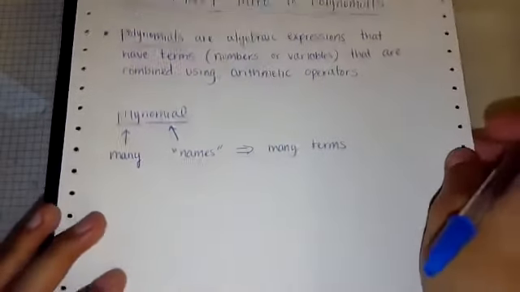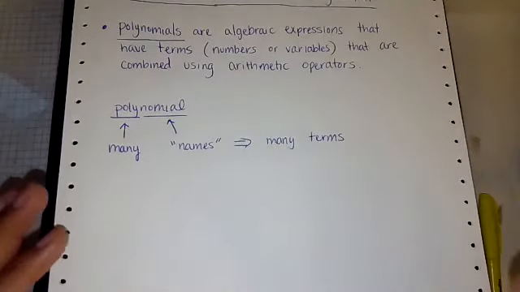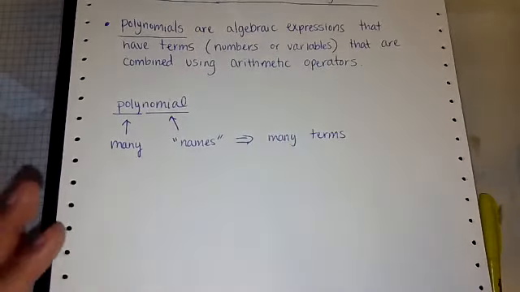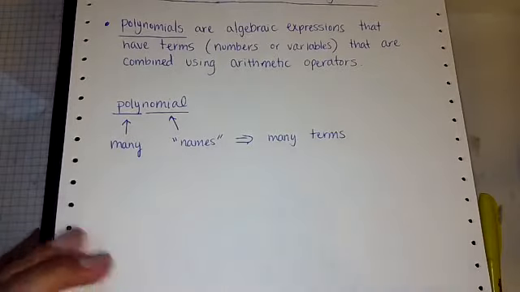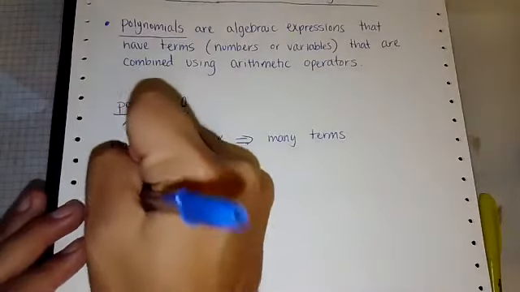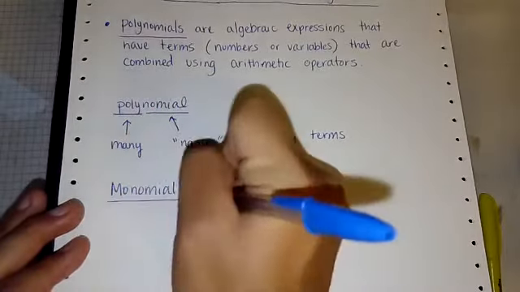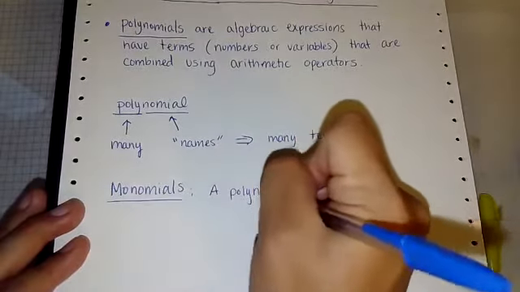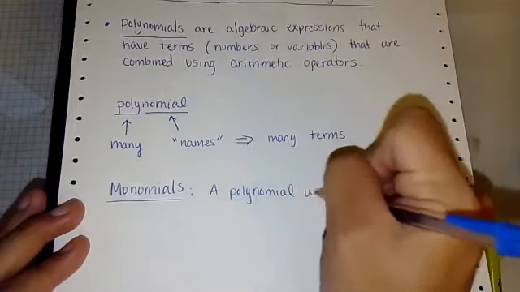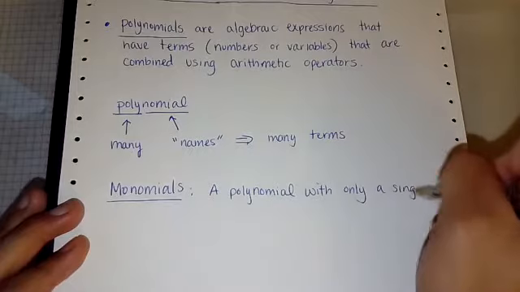Okay, but fundamentally, the simplest kind of polynomial that we're going to learn about here is the kind of small polynomial on which all the rest of the polynomials are built on, and those are called monomials. A monomial is a polynomial with only a single term.